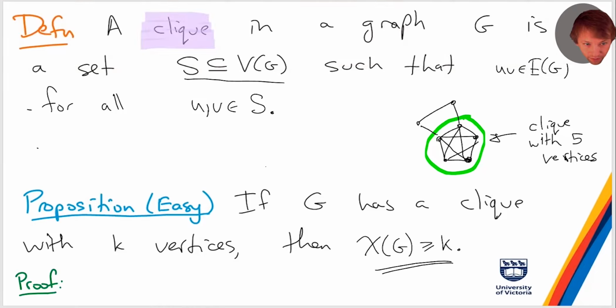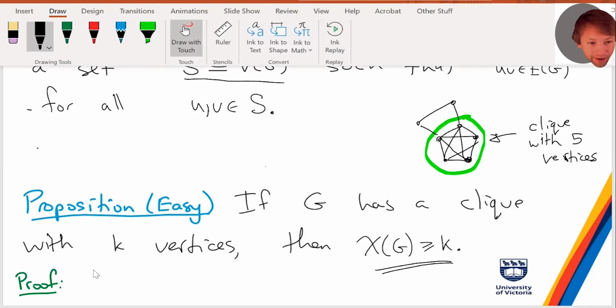Any thoughts? Yeah, exactly. It is that easy. If I zoom in on the clique, everything in the clique has to get a different color.